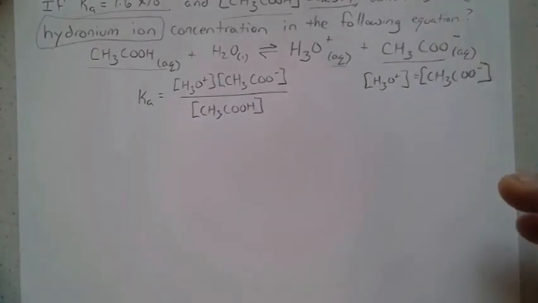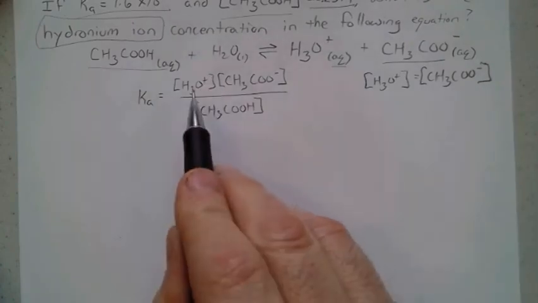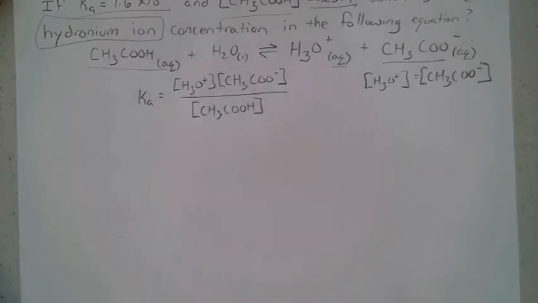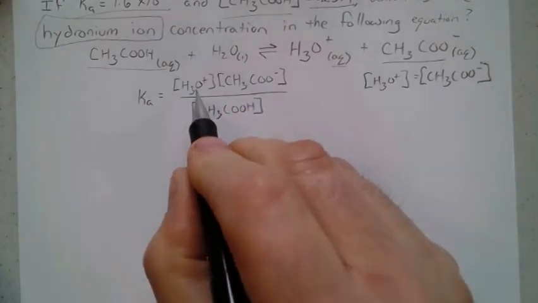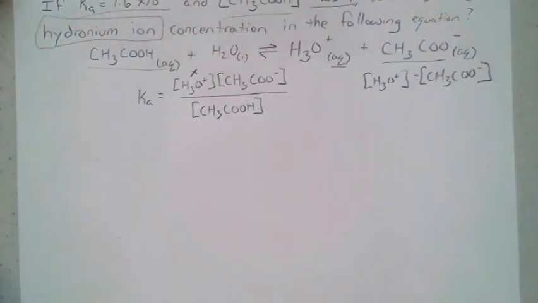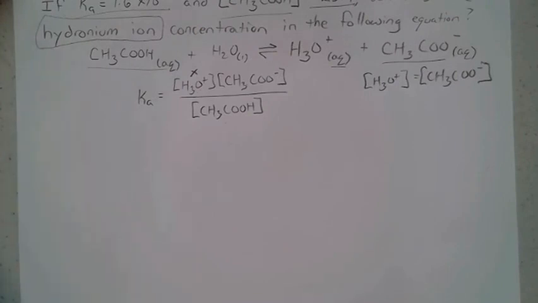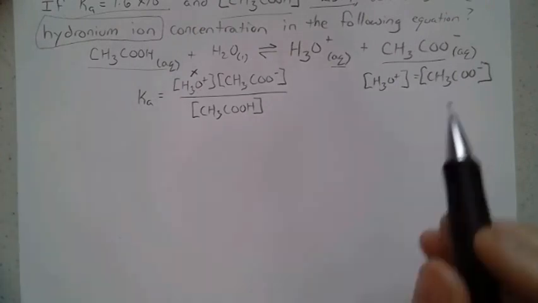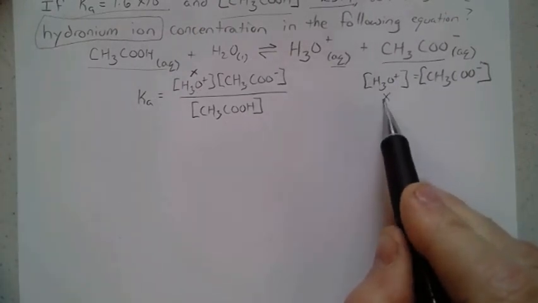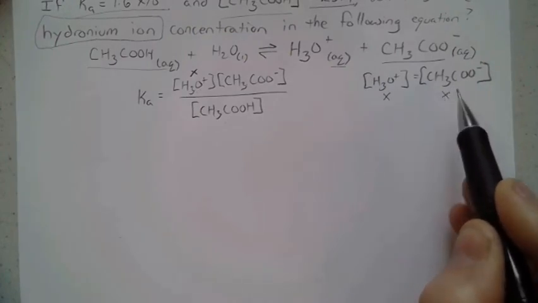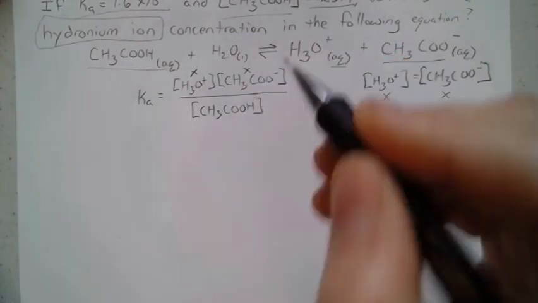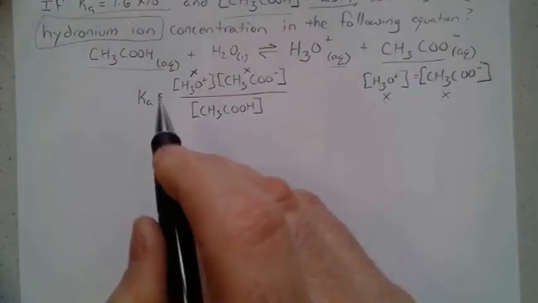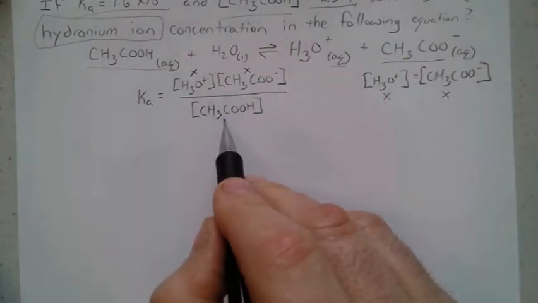So since I'm solving for those, I'm going to pull a trick from algebra, and I'm going to make that x, just as a placeholder. And since that's x, that means that is x as well, right? They're equal to each other. So therefore, that's x.